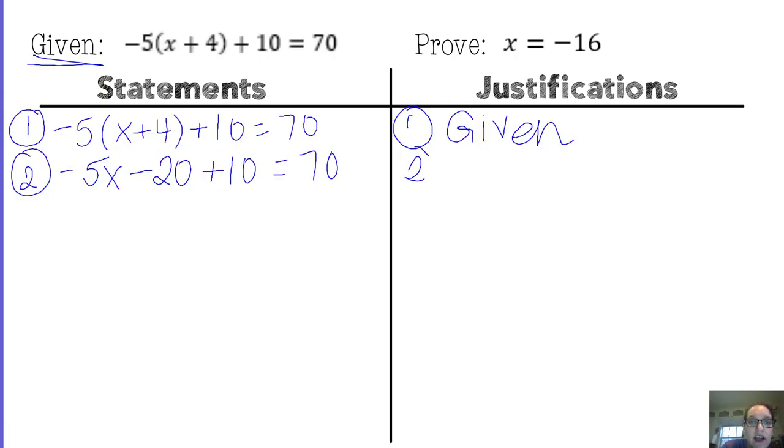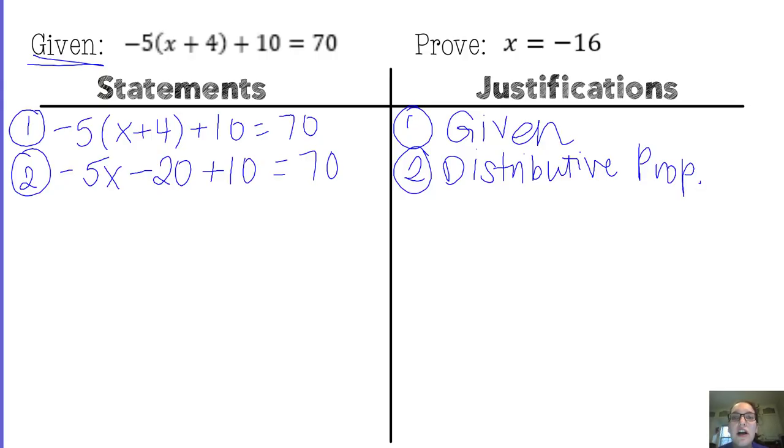And the reason why I was allowed to do that, my justification, is the distributive property. And you can abbreviate property P-R-O-P period, prop. But you must write the word property. Whether it's all the way spelled out or just prop, you have to put property. You can't just say distributive.